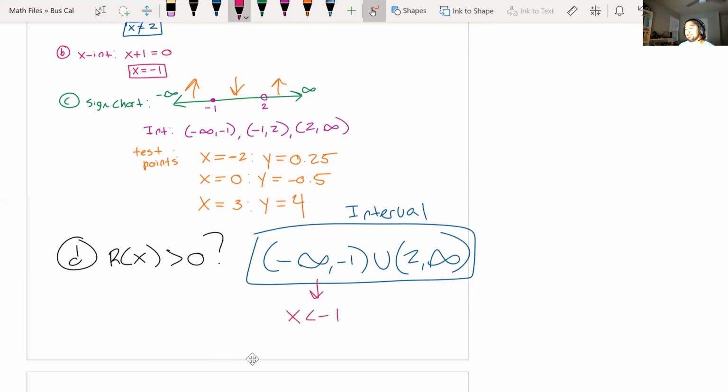Does that make sense? Yes, sir. And then how would I put this one into inequality notation? x is greater than 2. That's it. And that's your inequalities. Okay, that's it. There you go.